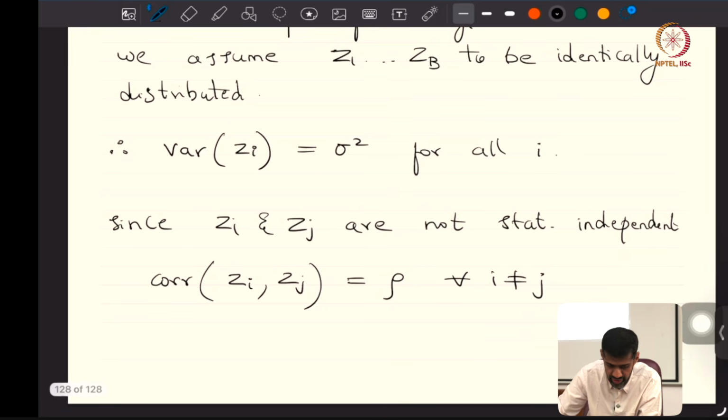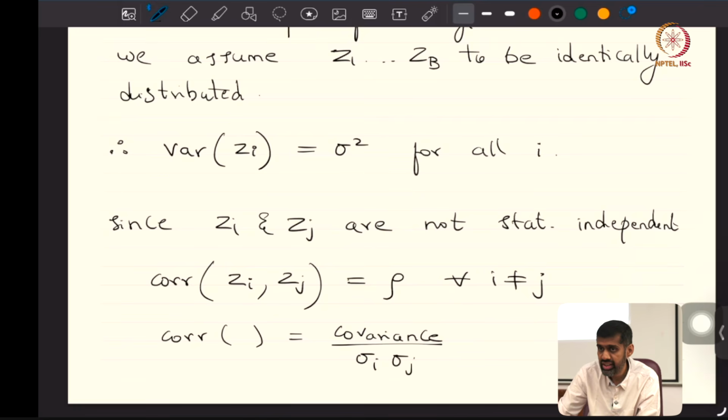Now, correlation is equal to covariance divided by the product of individual standard deviations.